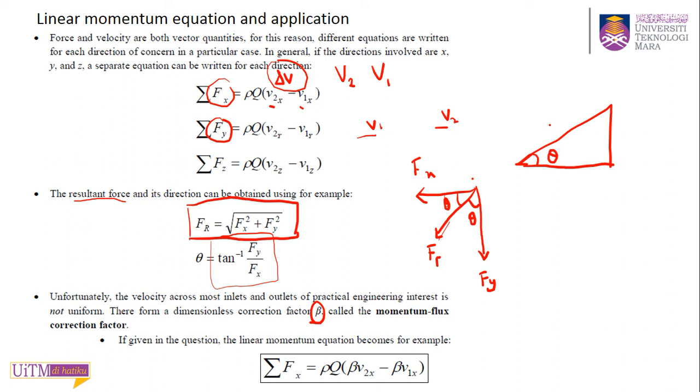This is your FR, your resultant, and this is your Y, and this is your X. So if you draw it all like this, this is your X and this is your Y, and this is your resultant. So this is the angle. Right? The angle should be this one. Do you understand?